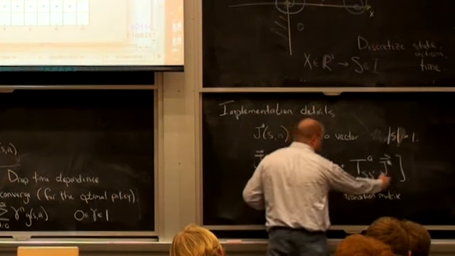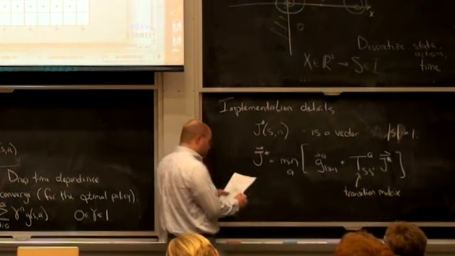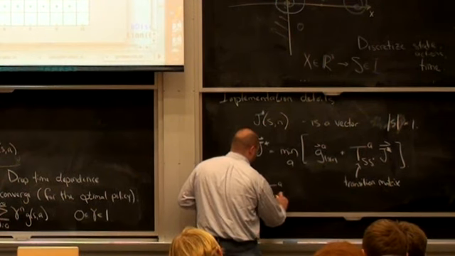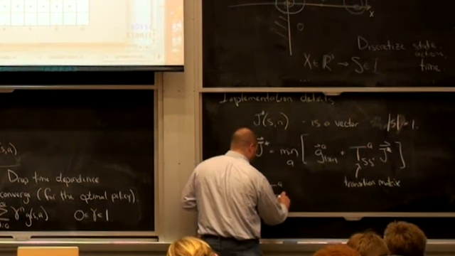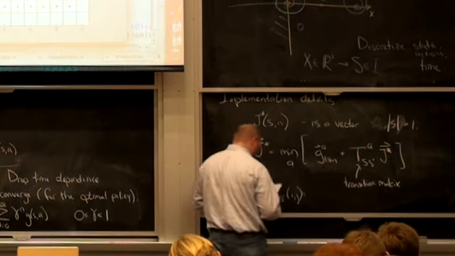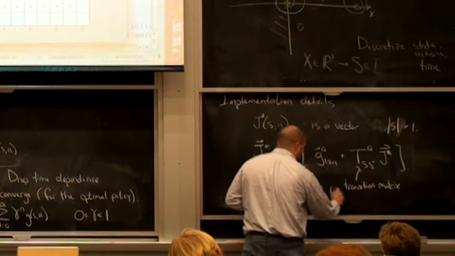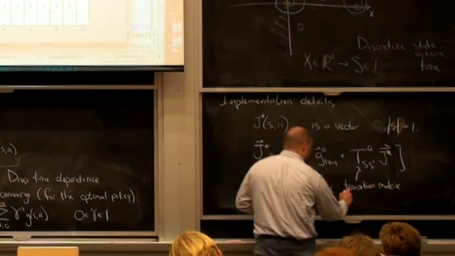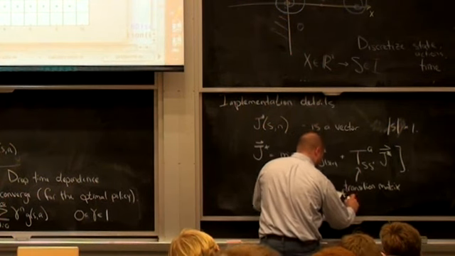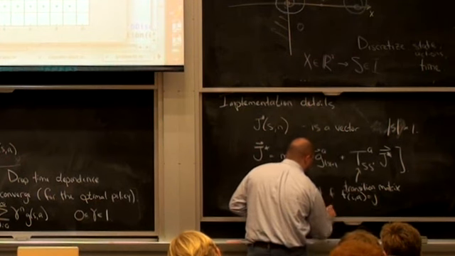And this is my vector again, right? And then transition matrix is just 1 if f of i, a equals j and 0 otherwise.